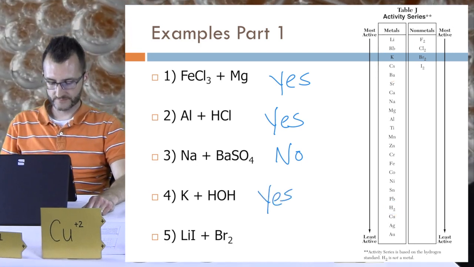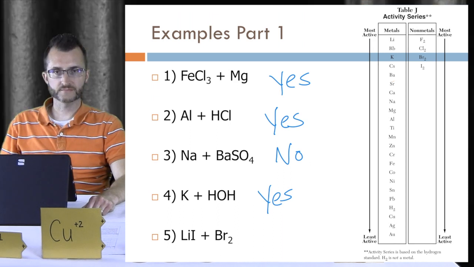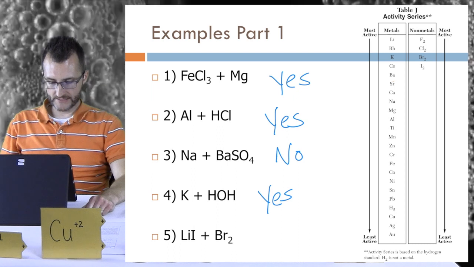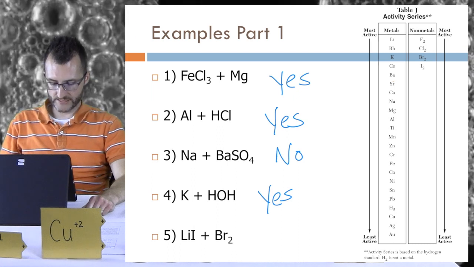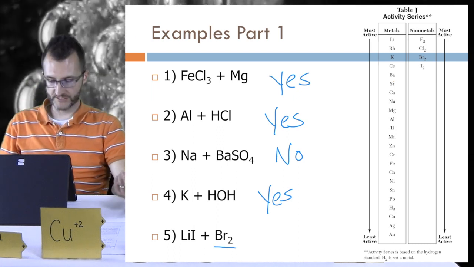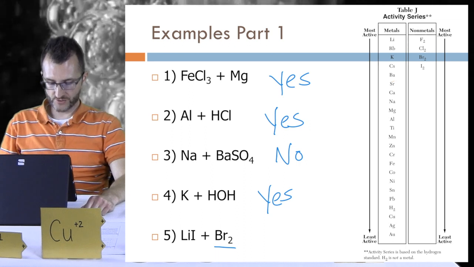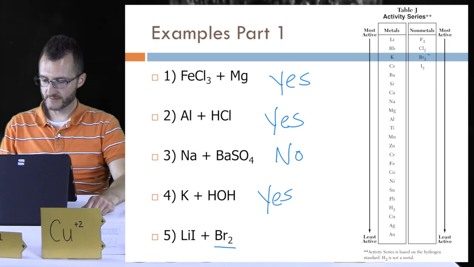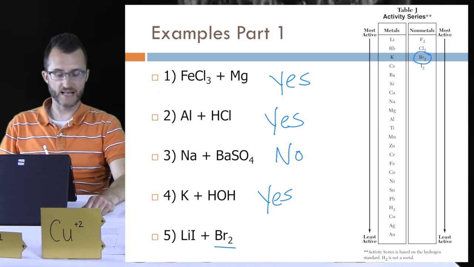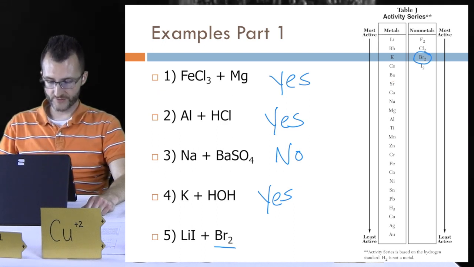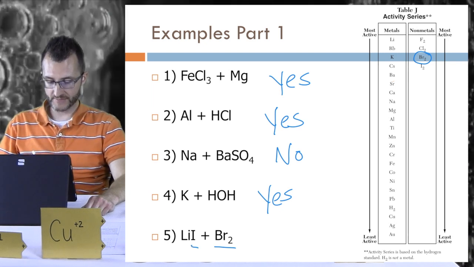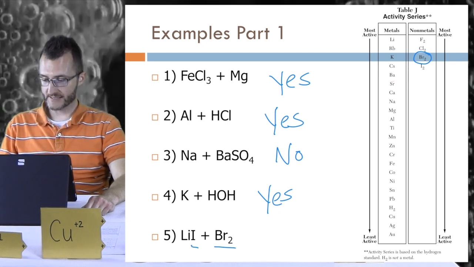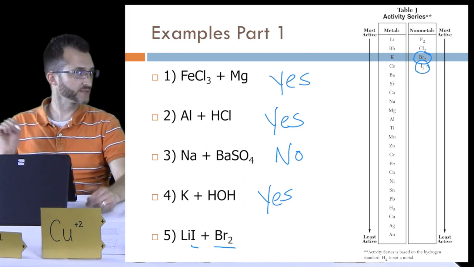Perfect. All right, our final example here, we have LiI plus Br2. All right, well, the single element is actually diatomic, still an element. And Br2, that's actually a nonmetal. Br2 is actually in the nonmetal column this time. Okay. So if I'm looking for something else that's in the same column, it can't be Li, it's gotta be the I, but it's written as I2 on the chart, but same thing, right?